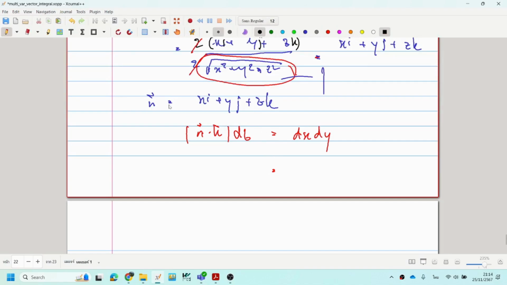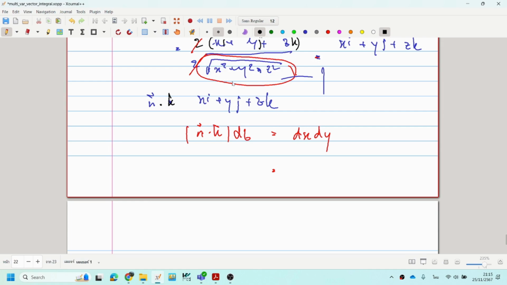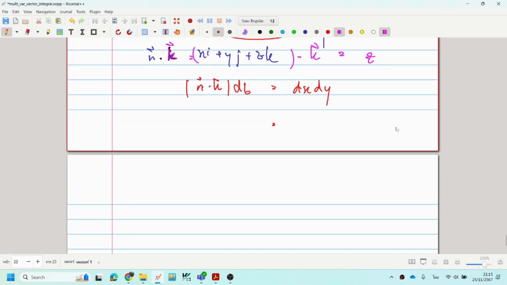Let me use this color. n dot k equals the dot with the k vector: i dot k is 0, j dot k is 0, z times k dot k is 1, right? You get z.